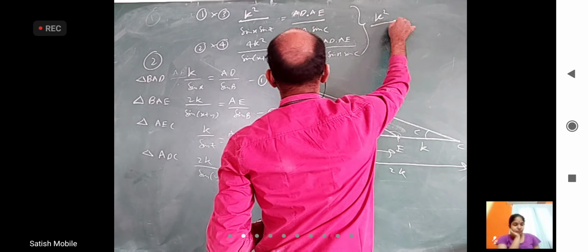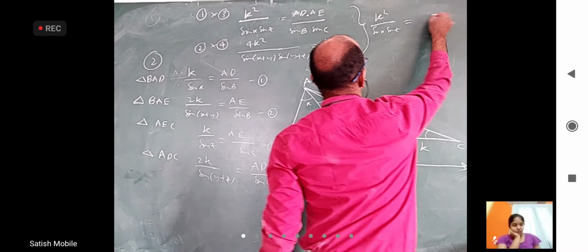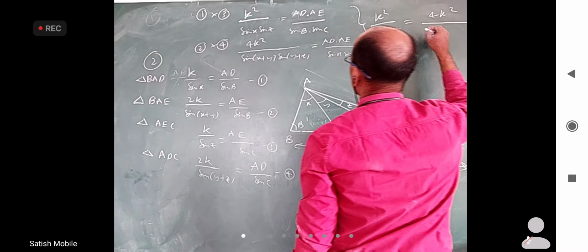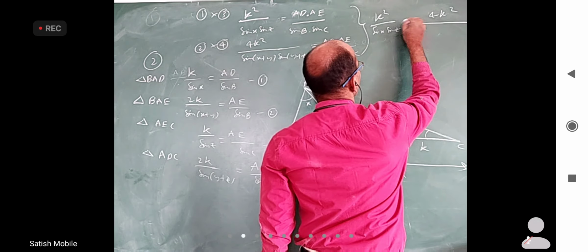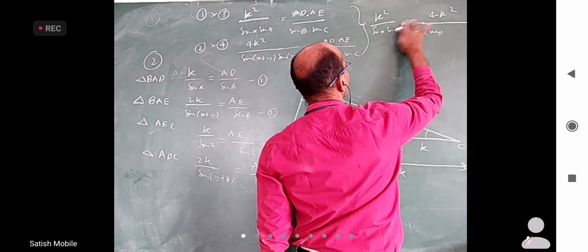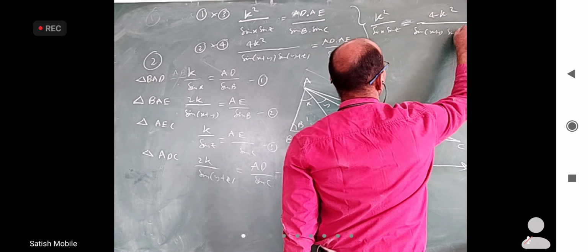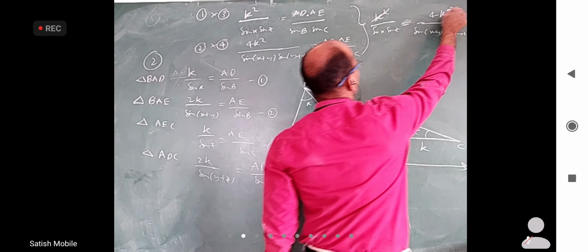So k square by sin x sin z is equal to 4k square by sin x plus y and sin y plus z. K square will cancel.